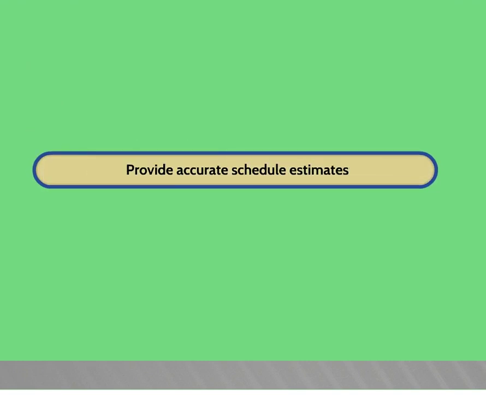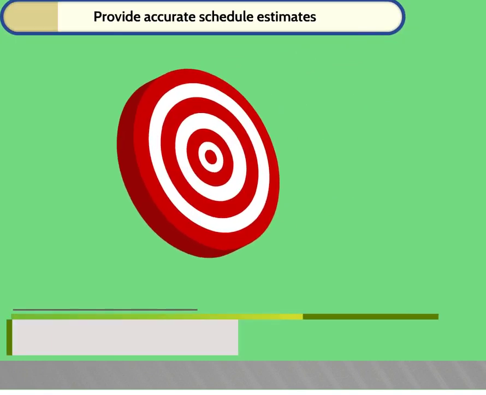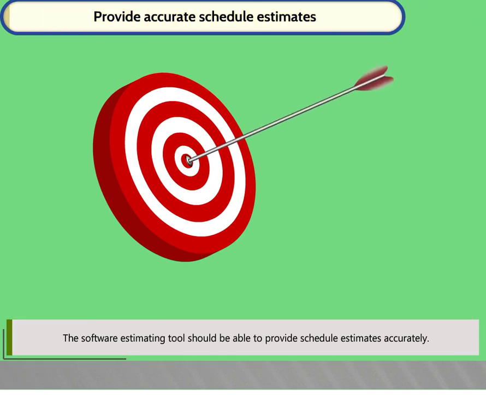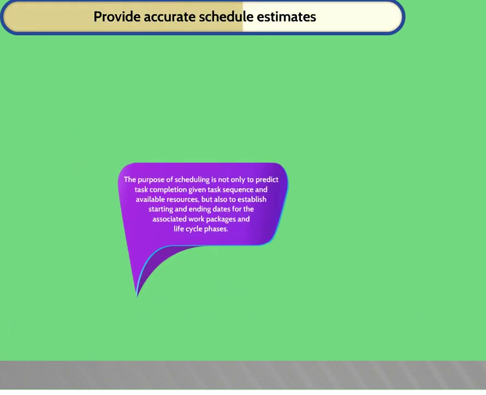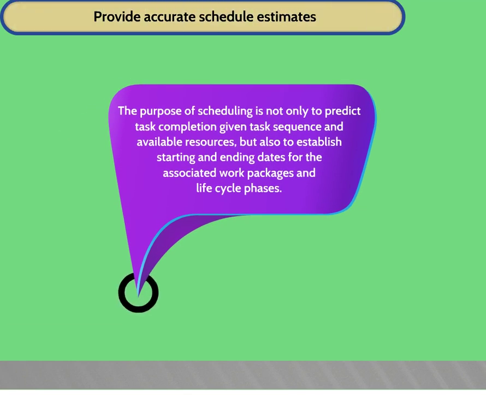Provide accurate schedule estimates. The software estimating tool should be able to provide schedule estimates accurately. The purpose of scheduling is not only to predict task completion given task sequence and available resources, but also to establish starting and ending dates for the associated work packages and lifecycle phases.